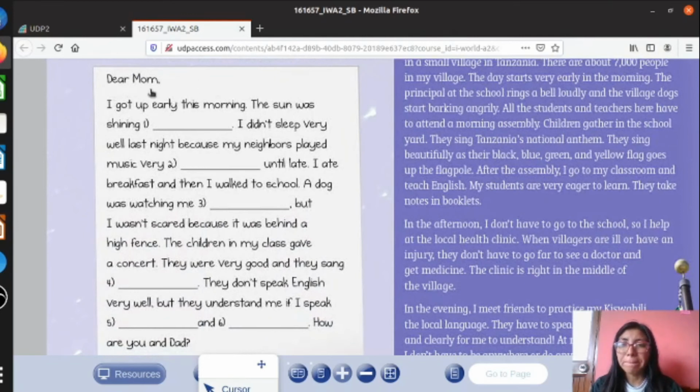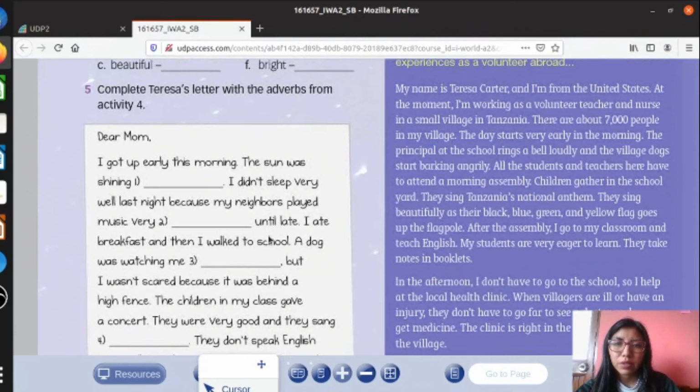Dear Mom, I got up early this morning. The sun was shining, okay? And what word can I use? ¿Qué palabra puedo utilizar? The sun was shining brightly, okay? So we are going to use that word, brightly, okay?